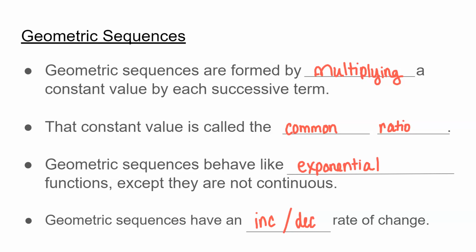It will not be a constant rate of change. And if you think about what you know about exponentials, they either start off slow at first and grow really fast, or it could be exponential decay, where something starts off dropping really fast at first and then more slowly. So you're going to see either increasing or decreasing rate of change for these.